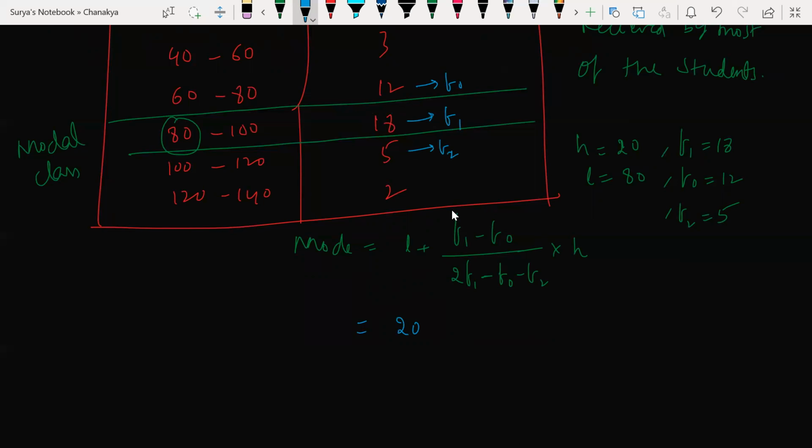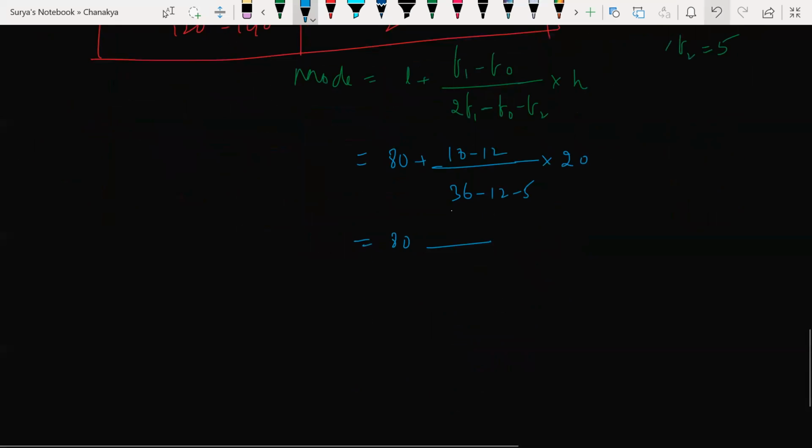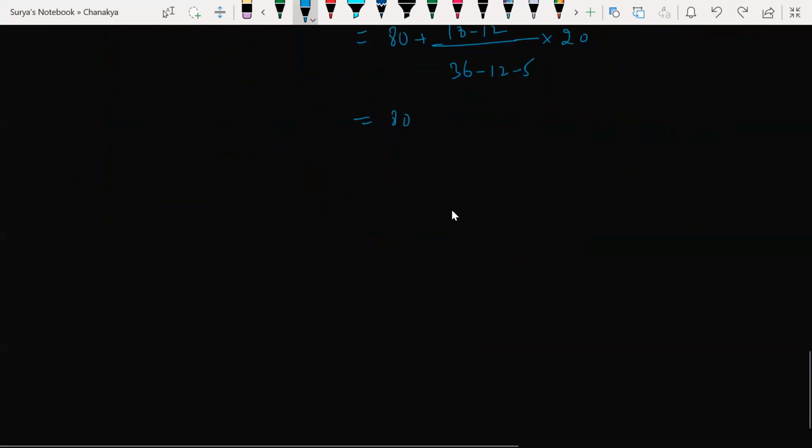So 80 + (18 - 12) / (2 × 18 - 12 - 5) × 20. 36 - 12 - 5 is 19. Simplify this. How much did you get, beta? 6.